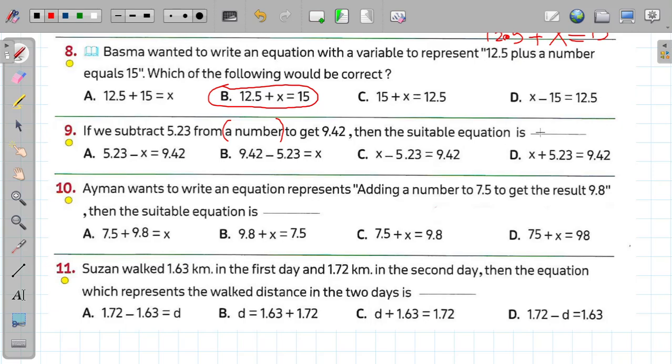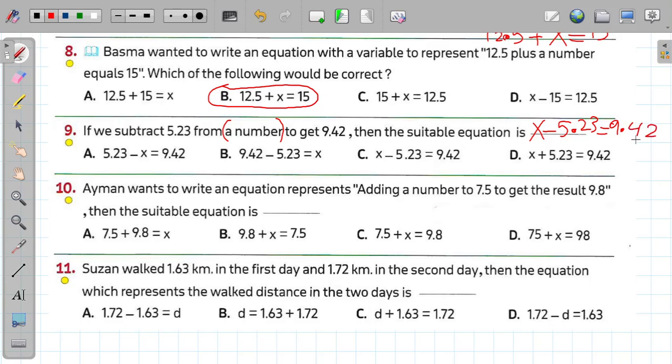I will choose x, and I will subtract 5.23 from it, so I will say minus 5.23. To get means equals, so I will say equals 9.42.